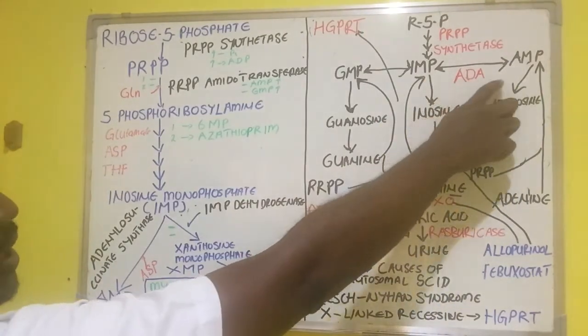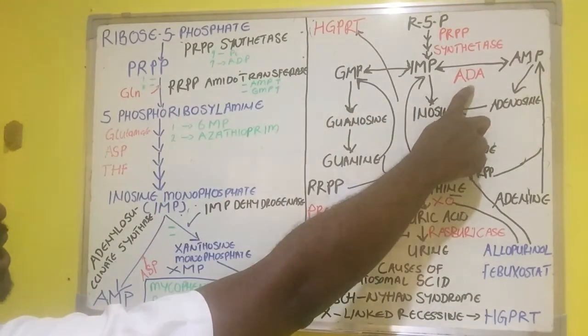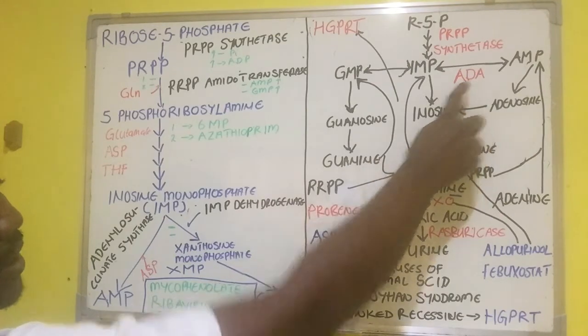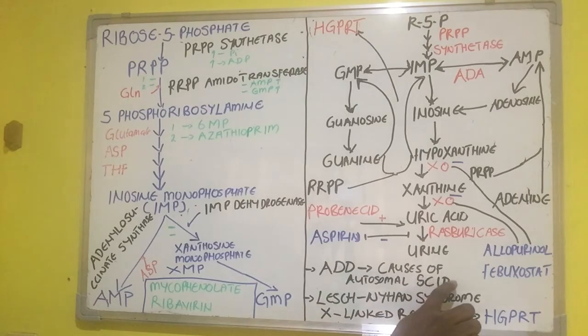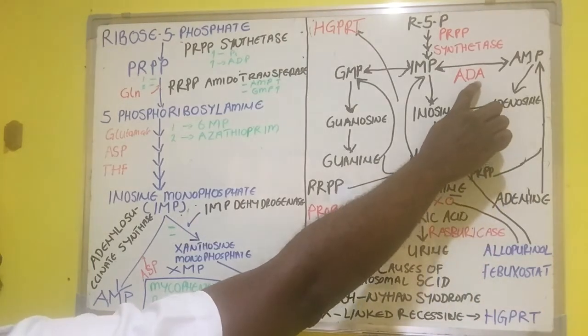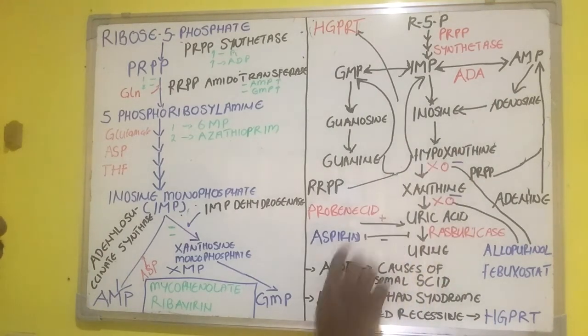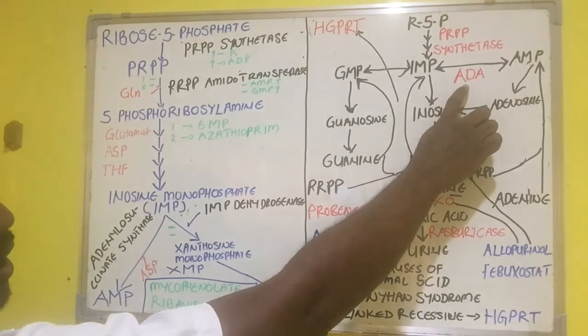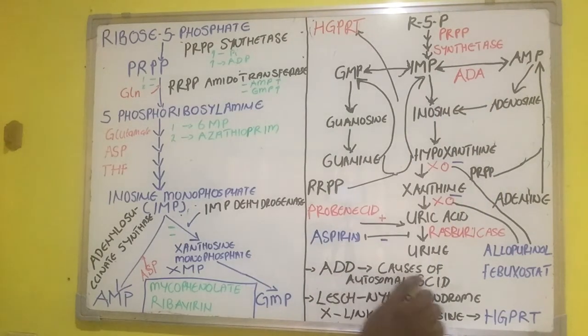If there's a deficiency in the adenosine deaminase enzyme, it can cause disease. This deficiency is the major cause of autosomal SCID.